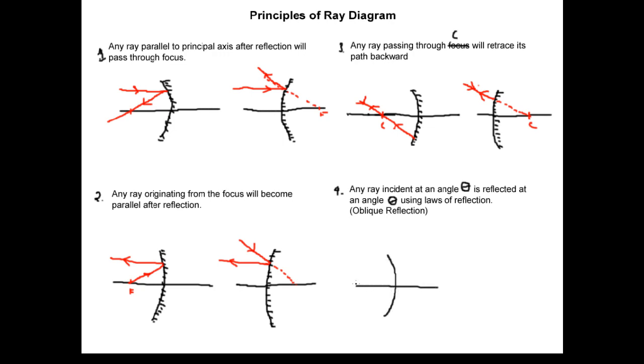So if you consider any ray which is not parallel, generally it will be incident on the mirror at a certain angle, like this. In that case, you need to draw the normal. The normal will pass through the center of curvature. This is C.